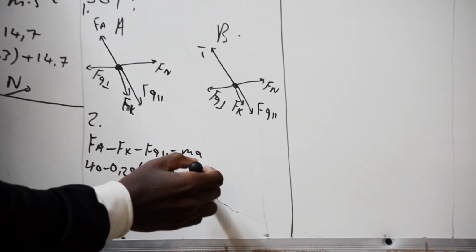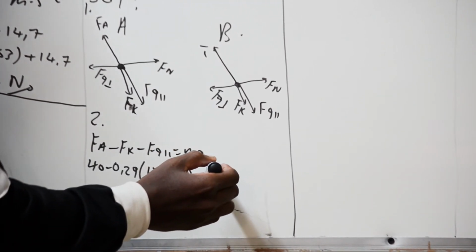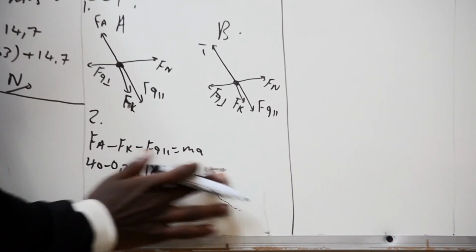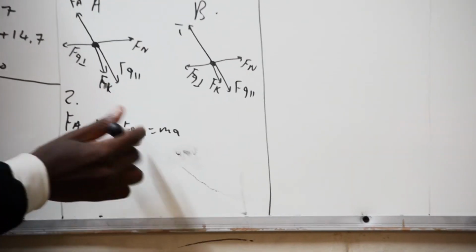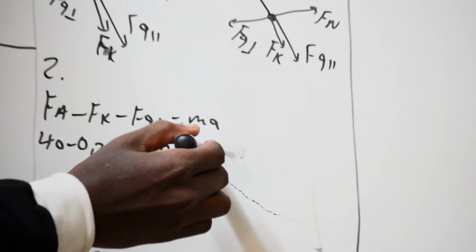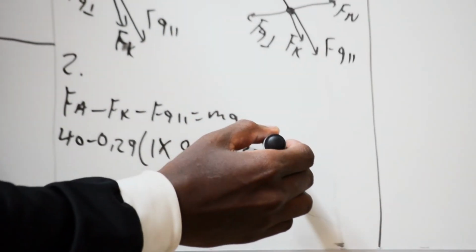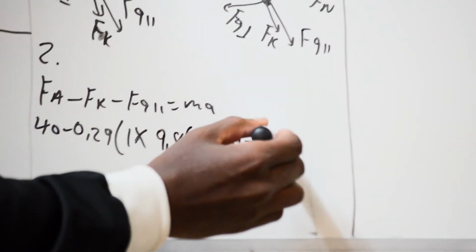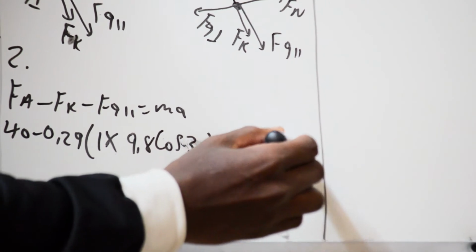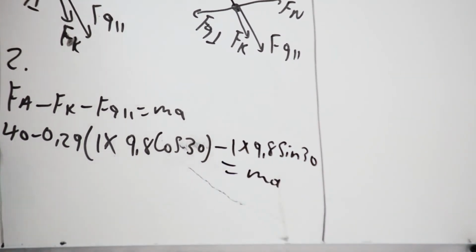That is Fk, minus Fg parallel. Fg parallel is Mg sin theta, 1 times 9.8 sin 30, equal to Ma. That's what we have.